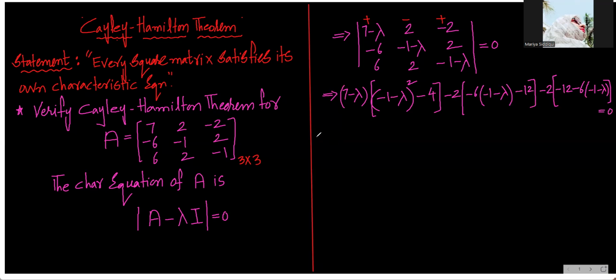We have to simplify this. This implies 7 minus lambda into minus 1 minus lambda whole square. Here is the rough work I'm doing for this. We have to take minus common, so it is 1 plus lambda whole square.